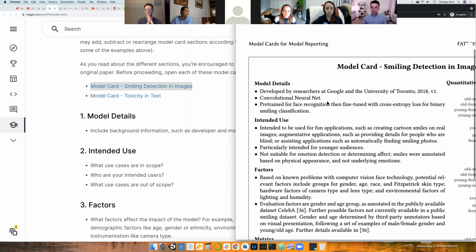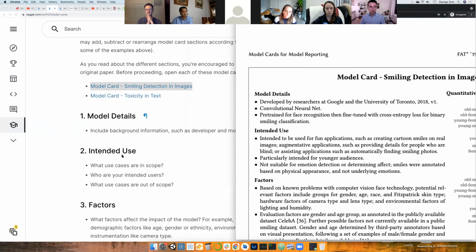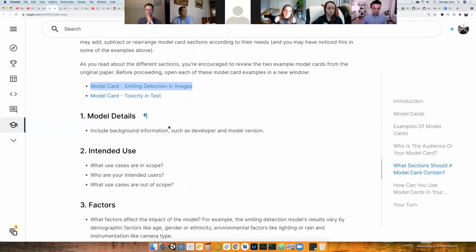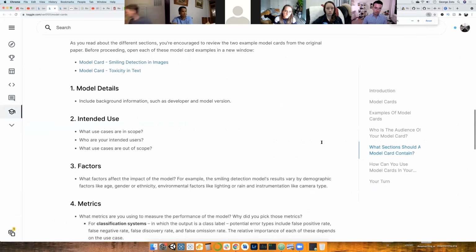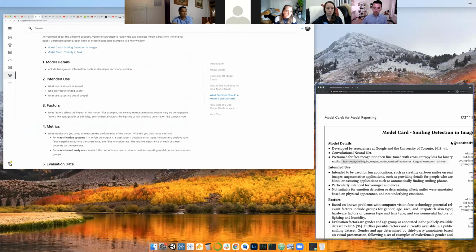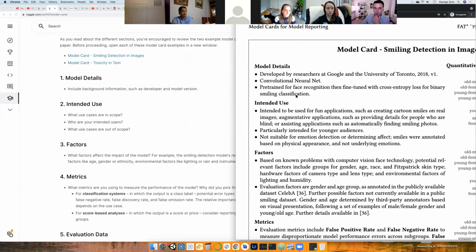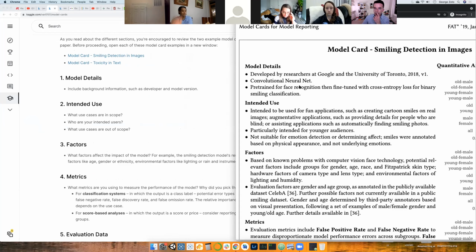Okay, perfect. Let me zoom out a little bit here. There you go. So the model details, what are we looking at?